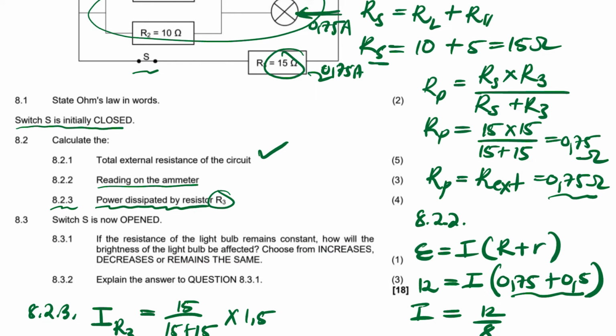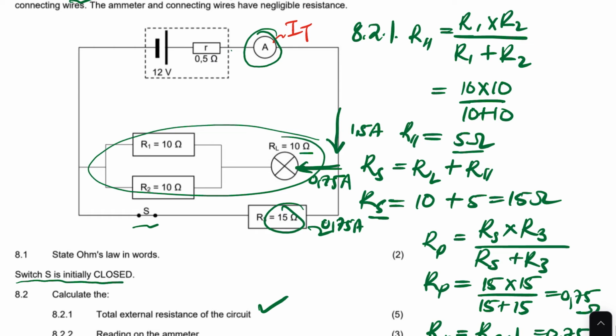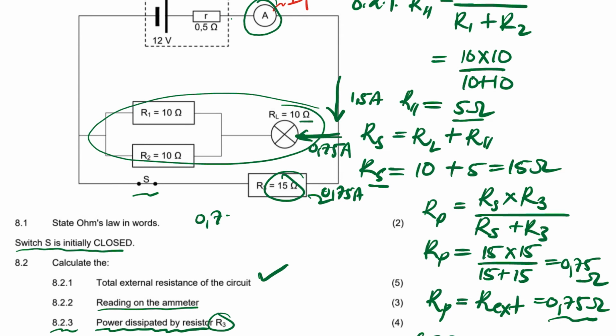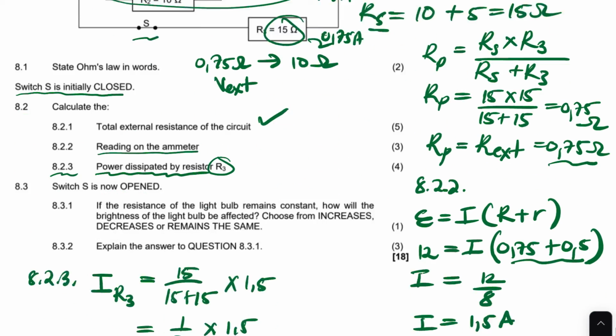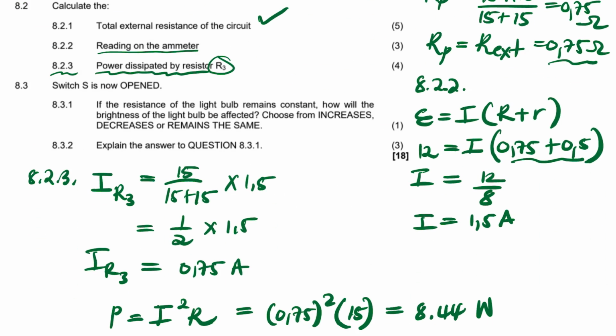So my answer here, the total resistance has increased from 0.75 ohms to 10 ohms, this simply means that the V external, what's going to happen to the V external? The answer here is going to be increase. I'll explain why.